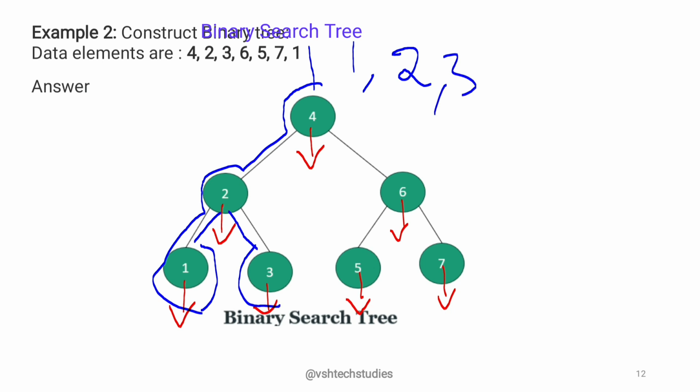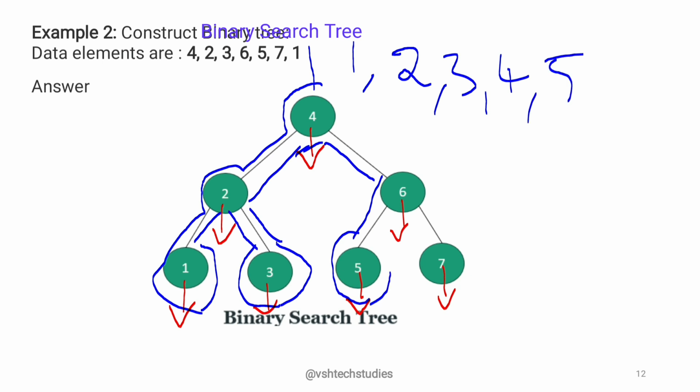Then after covering the right, moving to its root, 4 is cut. Now moving to the right side of 4, then the left side of 6, 5 is cut. After covering the left side, to the root, that is 6, so 6 is cut.